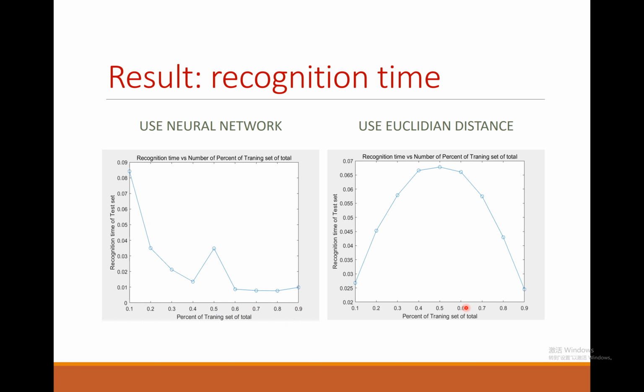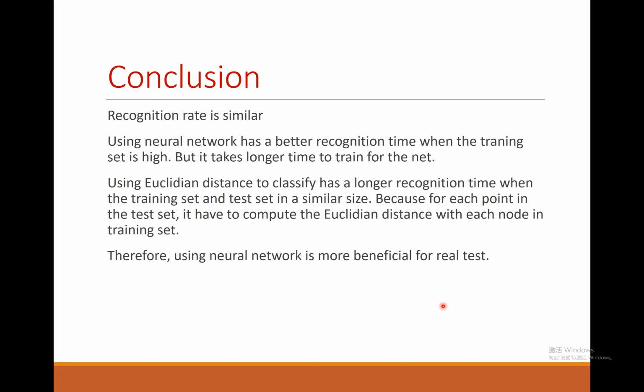But for the Euclidean distance method, when the training set and the test set have a similar size, the recognition time gets to a maximum. That is because the total number of images is fixed. So when the training set is similar to the test set, there is the largest number of Euclidean distances to compute between them.